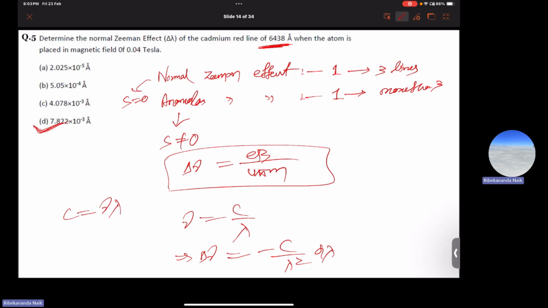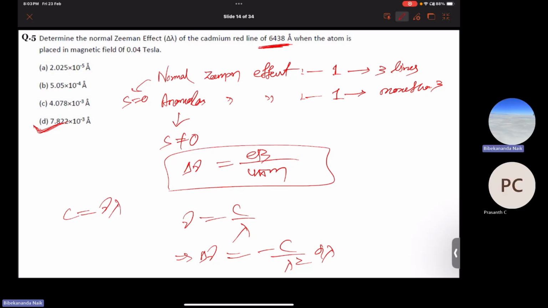Due to this interaction there is a change in energy, and this change in energy is accompanied by a change in frequency and a change in wavelength. The change in frequency is given by the formula eB by 4 pi m. But in the question the known quantity is the wavelength, which is 6438 Armstrong. So if you convert the frequency into wavelength, the frequency will be velocity by wavelength.